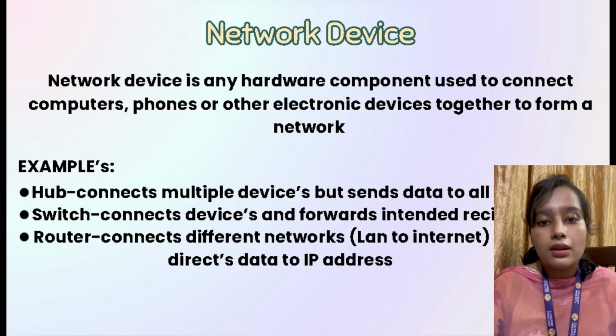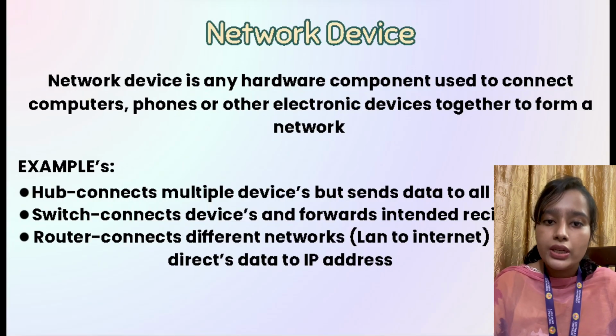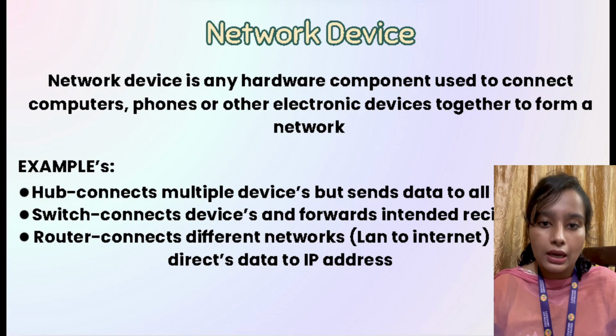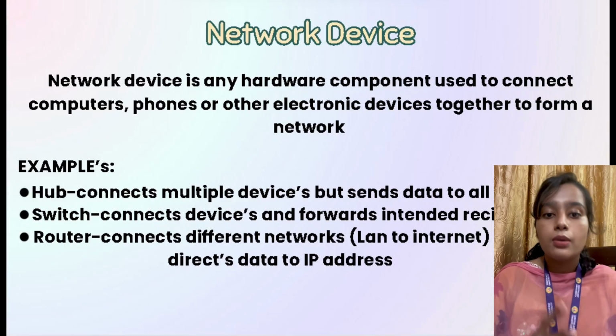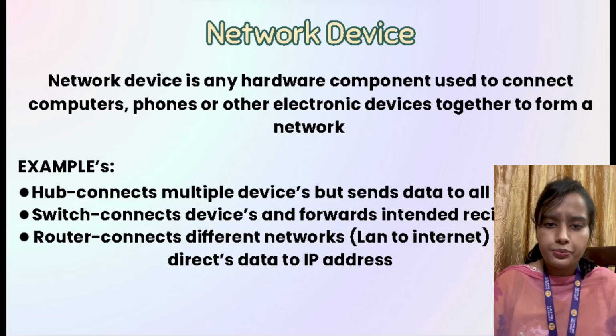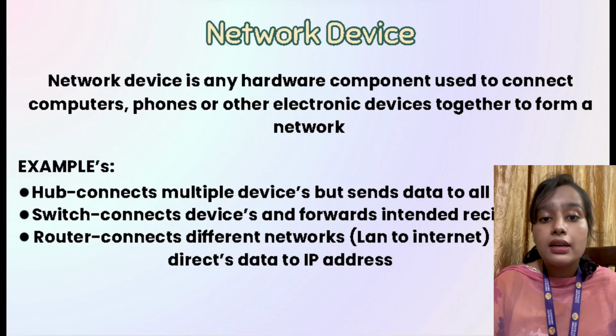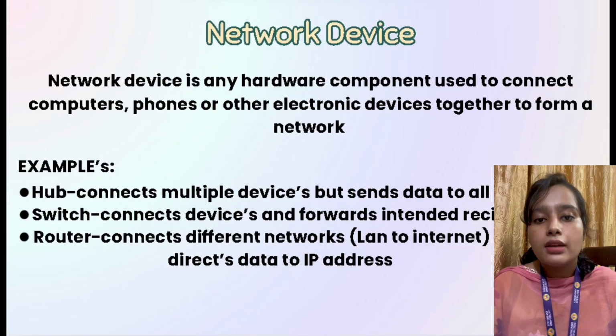It sends data to all the devices. Switch is smarter and it sends data to the correct person. That means it makes sure that data goes to the right person. Last one is router. Router is like a traffic police. It directs data through the network.